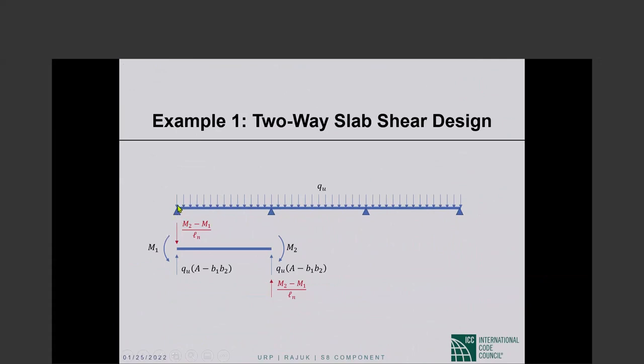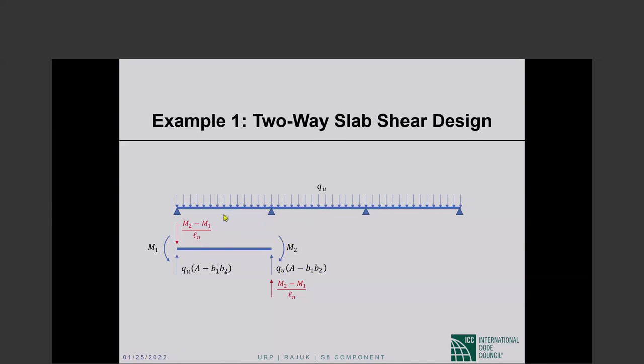We are at an exterior support. The loading on the slab is q sub u. Q sub u causes a shear equal to that at this support, and the same at the other support, or if you consider the other side, that number may not be right, but there is a shear in this direction at that support.